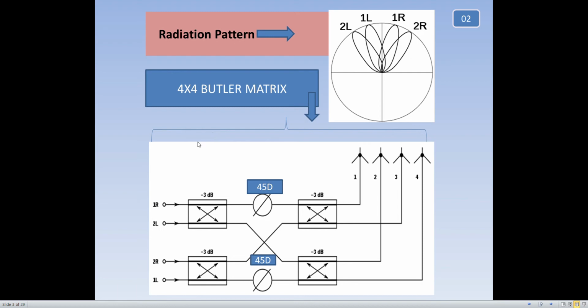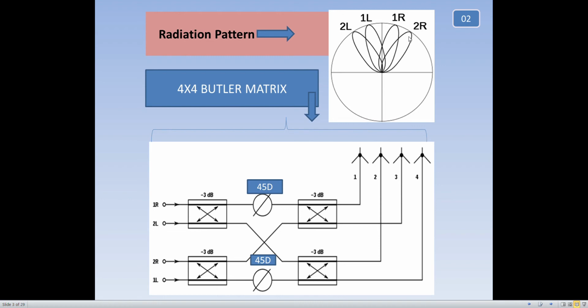Since we are engineers, we are supposed to transmit our signal in a particular desired direction. Suppose you have a mobile network base station, and you are a tower manager. Suppose your mobile user is in this confined direction.